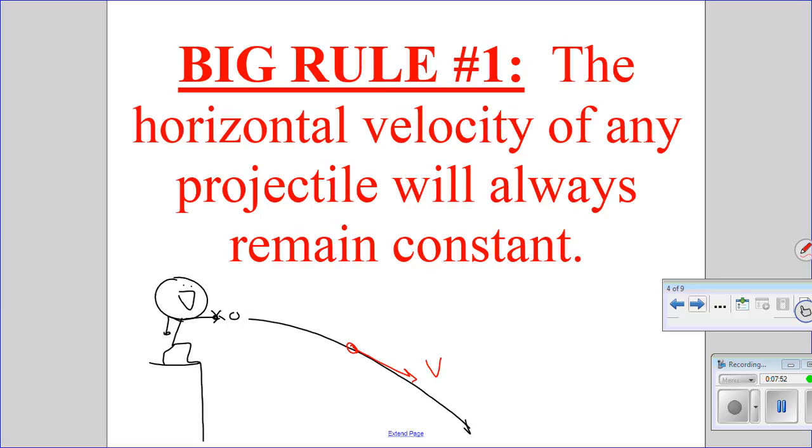But the idea is, at that instant, the ball is moving both horizontally and vertically, right? So if I draw a little arrow this way that extends as far to the right as my original arrow, I can label that Vx. That's my horizontal velocity.